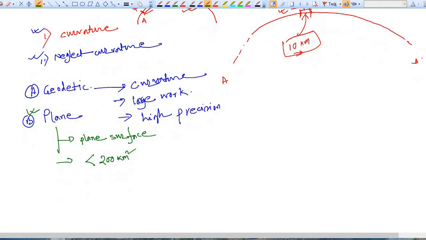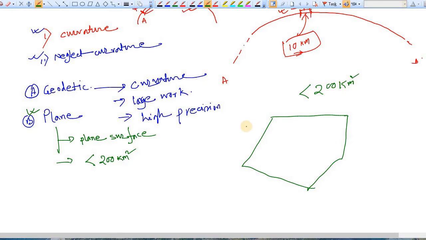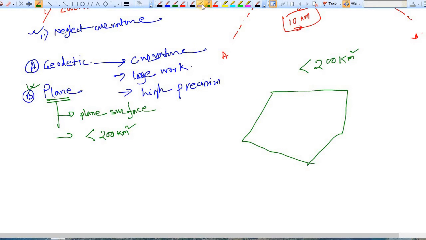And of course, for any civil engineering project, the total area of the land where the project is going to be executed is normally much less than 200 square kilometer. That's why in civil engineering every survey is considered plane surveying. So as civil engineers we will discuss everything on plane surveying.